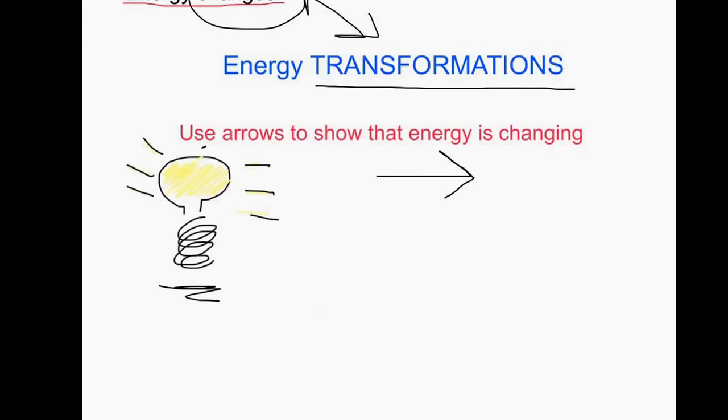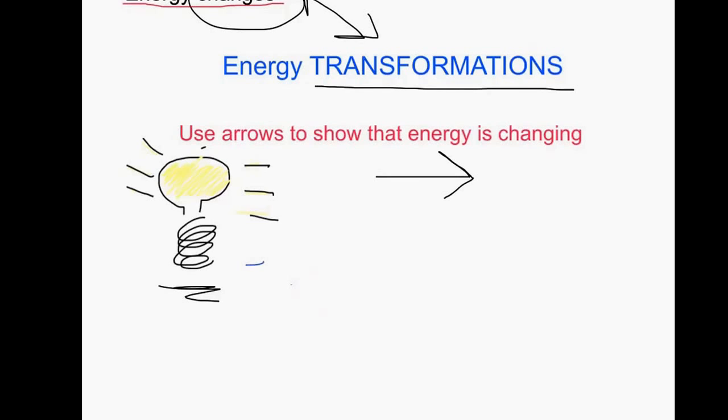So for this example, I'm just going to change color pens. For me to write that electricity is turning into light energy, sorry, we're starting from electricity. I do apologize.